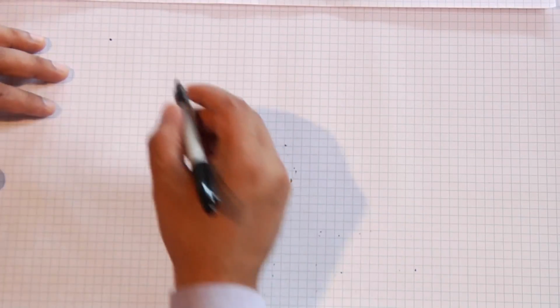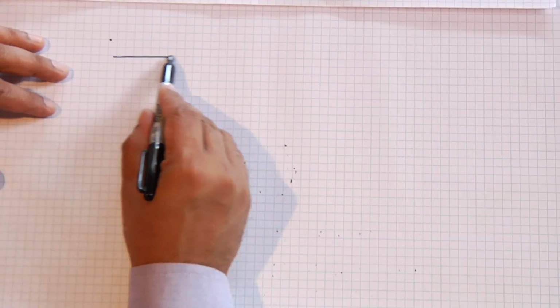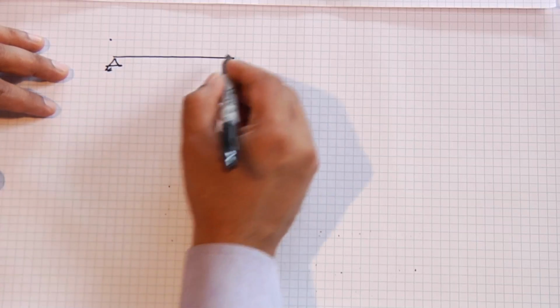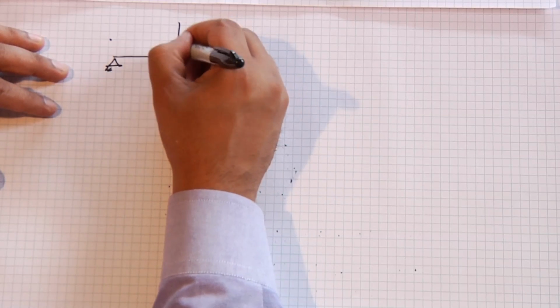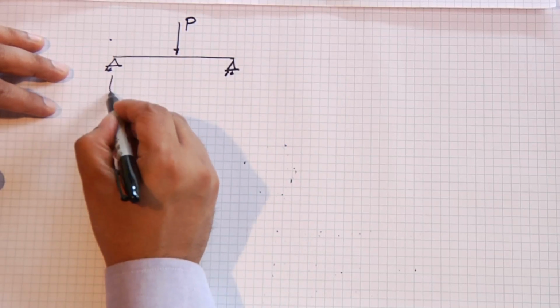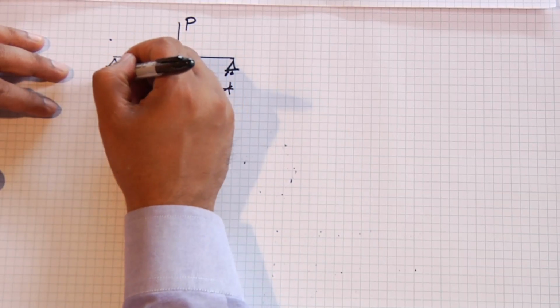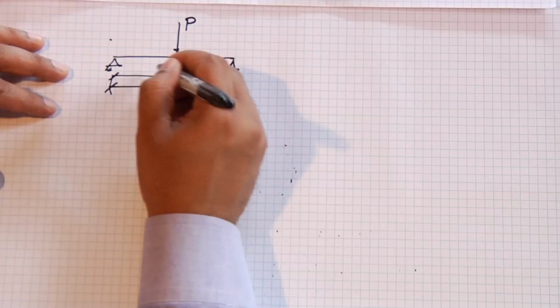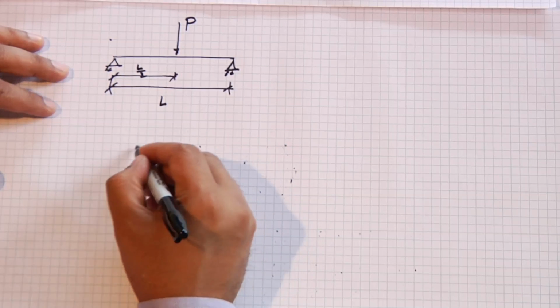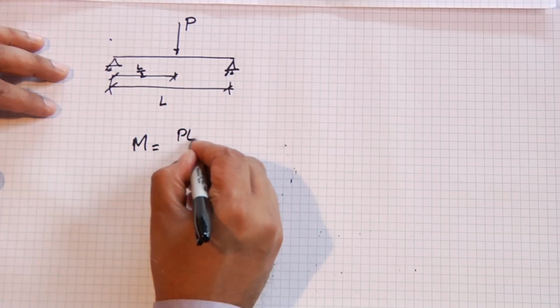So the formula for a simply supported beam, which you should always remember, is a very simple formula. If our span is L, and for right now we'll make the load at L over 2, the maximum moment is PL over 4.